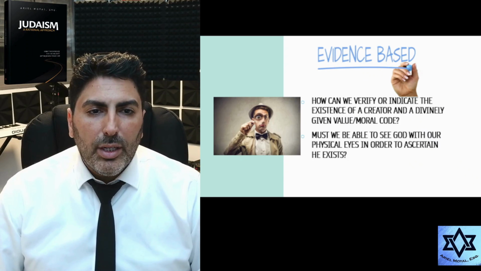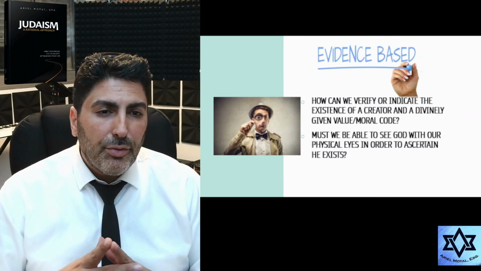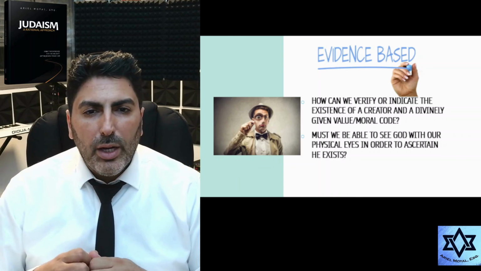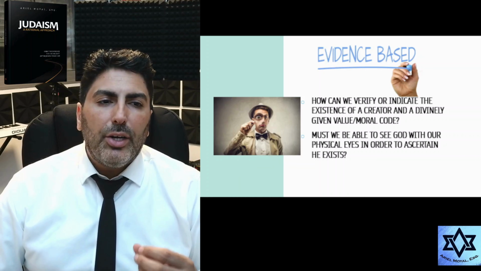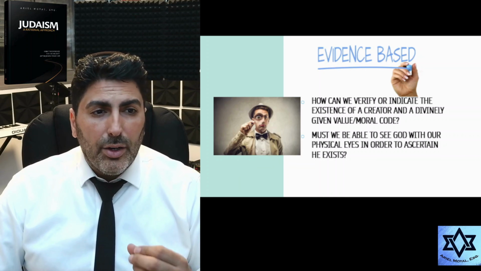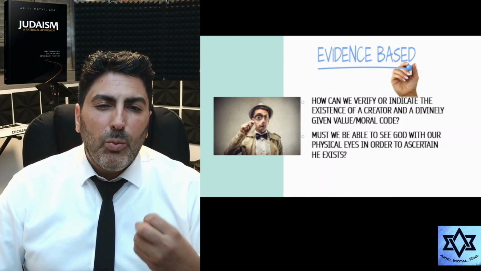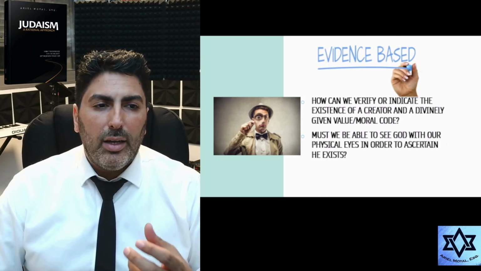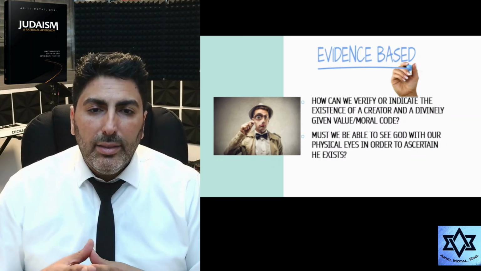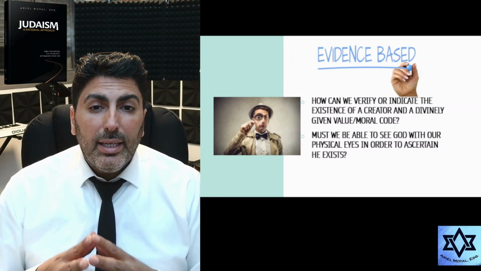So let's get started. If you recall, at the end of our first lecture, we ended on the question of how can we verify or indicate the existence of a creator and a divinely given moral value code, and the question of must we be able to see God with our own physical eyes in order to ascertain that he exists.